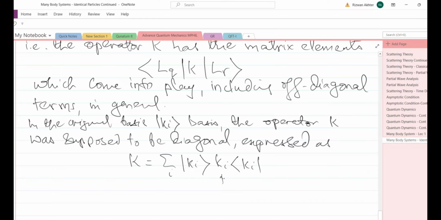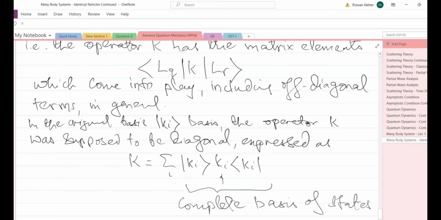So this is some operator projecting a particle in the ith state. So this would be some complete basis of states, and in those complete bases of states a particle is being placed. Yeah. And so that's why it is only for diagonal, but it is also true for the off diagonal case.